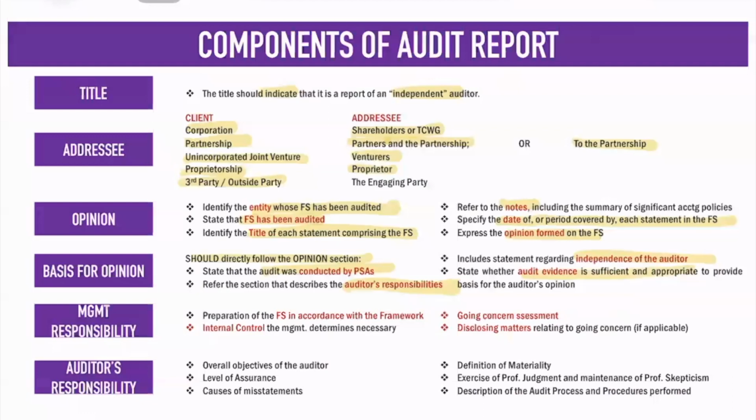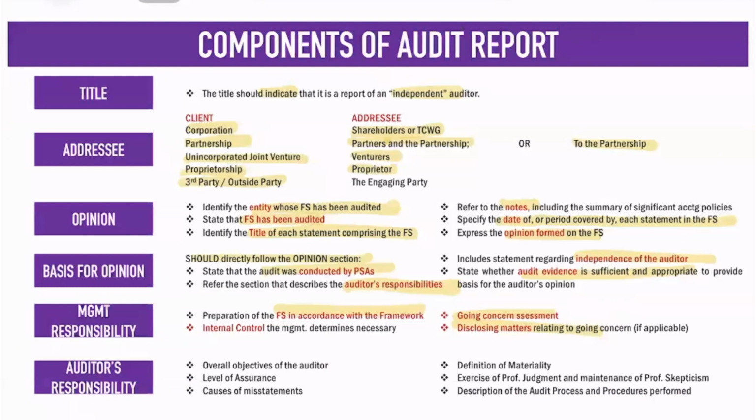Next, management responsibility. So what is the management responsibility? Generally, that the FS is prepared in accordance with the PFRS as to the evaluation and measurement. Also, the internal control of the management, the assessment of going concern, and your disclosures. So the main responsibility really is evaluation and measurement and disclosure.